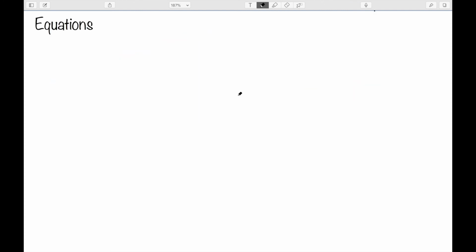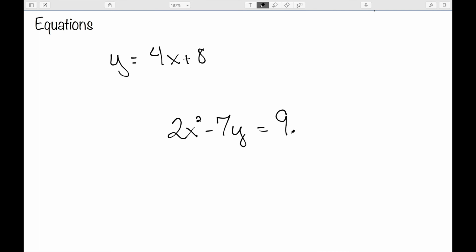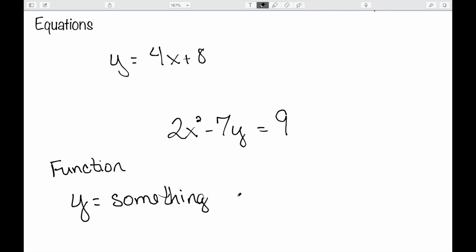Another way to represent functions is through equations. Things like y equal to 4x plus 8, or 2x squared minus 7y equal to 9. And these are allowed. I'm not going to go into details about this too much, but in order to be a function, I need to be able to write it as y equal to something, and this something needs to be unique.